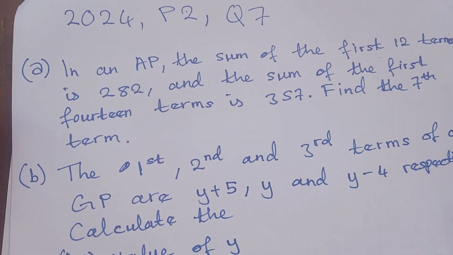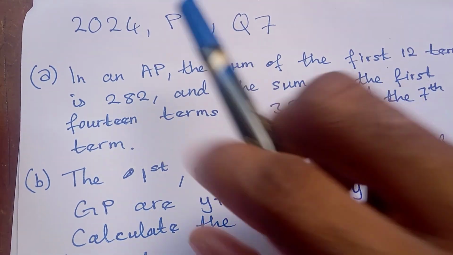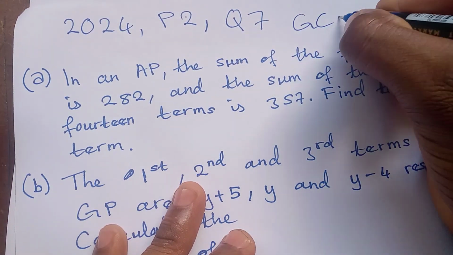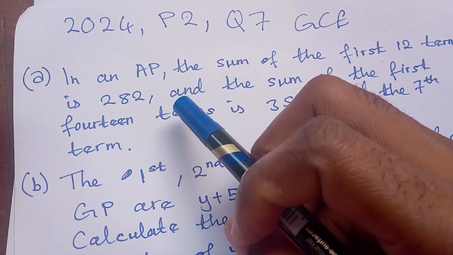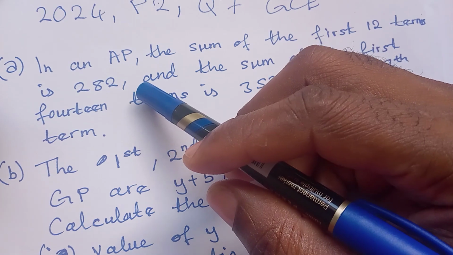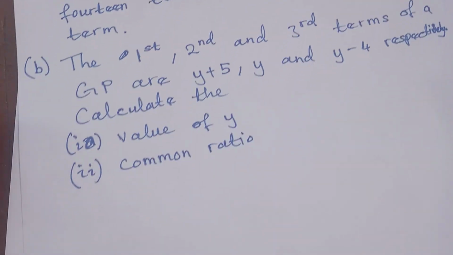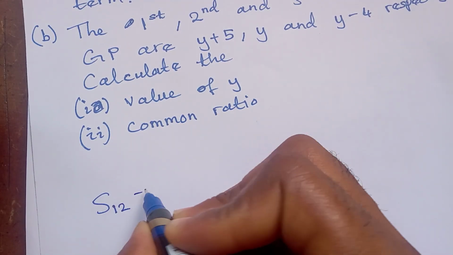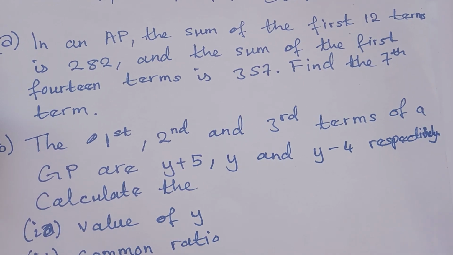So here we have, in an AP, the sum of, by the way, this is 2024 GCE question 7. So in an AP, which is an arithmetic progression, the sum of the first 12 terms, let me just write the data down, is 282.